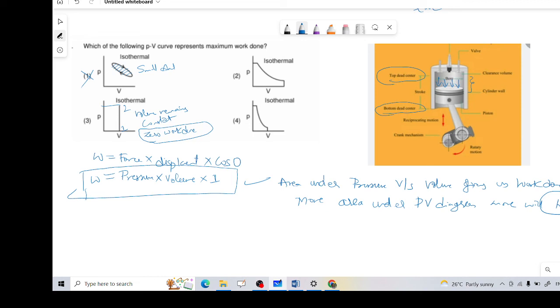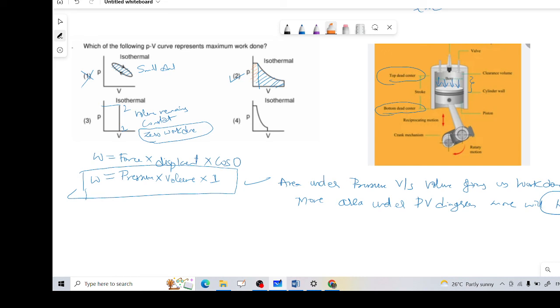So here there are only two options left, 2 and 4. From the graph, we can easily tell that this graph is having the maximum area under PV, so this is producing the maximum work done. One more point here: I have left this portion.